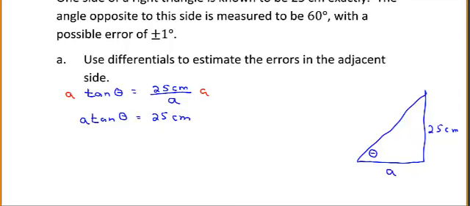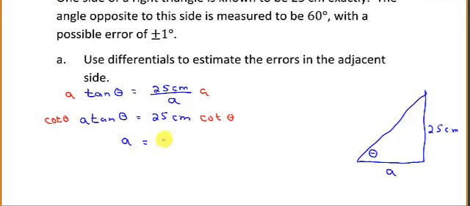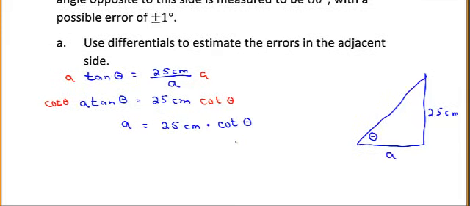And then if I multiply both sides by the reciprocal of tangent, which is cotangent, I would see that A is equal to 25 centimeters times the cotangent of theta.